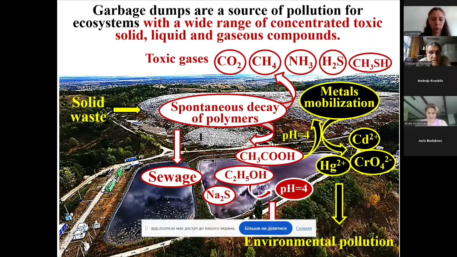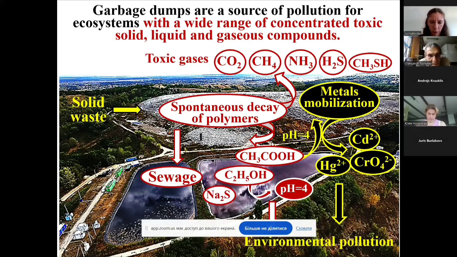It is obvious that nowadays we have huge multi-component contamination of the environment by different toxic and dangerous compounds. And the best example, the best model for this illustration, are the dumps. Why are they so dangerous?